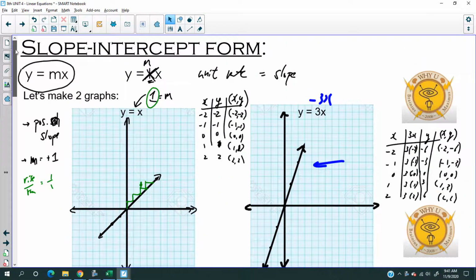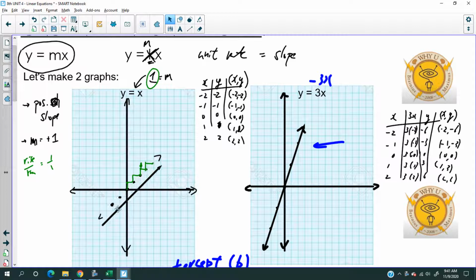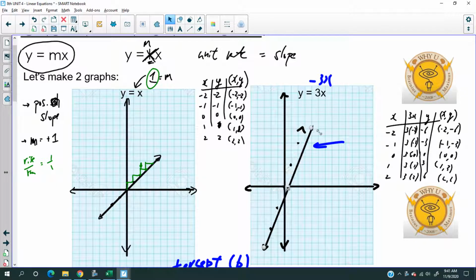Yesterday we talked about the slope-intercept form. I started with a very basic y equals mx, and we noticed how slanted the line is depends on how large or small the slope is.